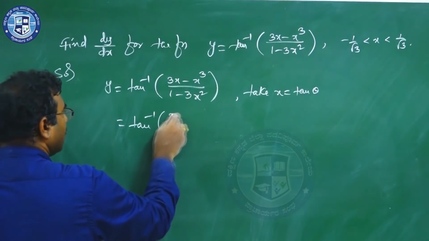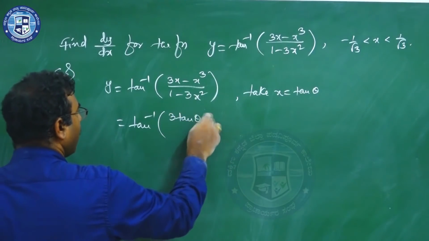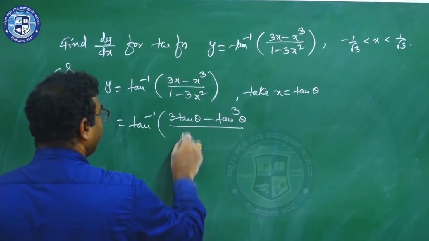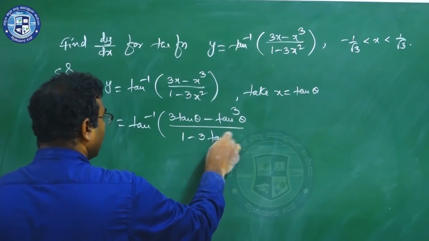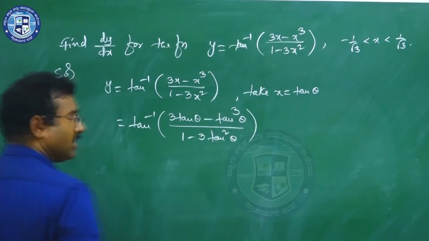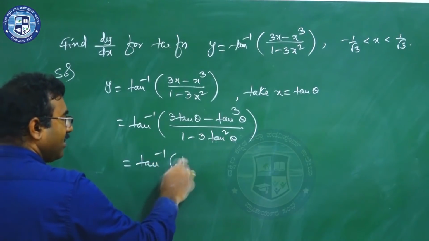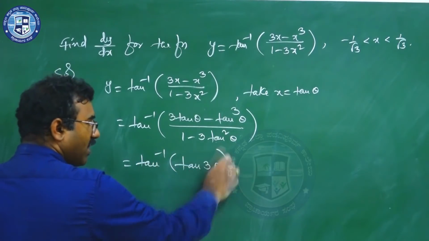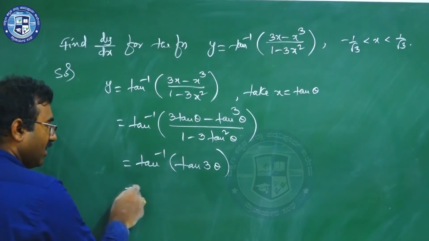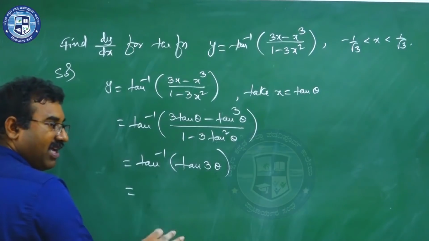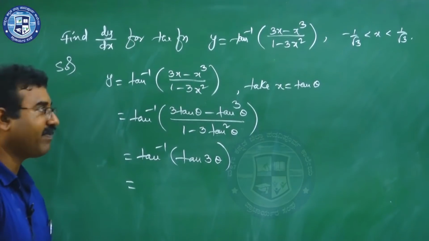Then what happens here? Tan inverse of 3 tan theta minus tan cube theta divided by 1 minus 3 tan square theta. It is the formula of tan 3 theta. So now tan inverse of tan theta is theta if theta belongs to minus pi by 2 to pi by 2.